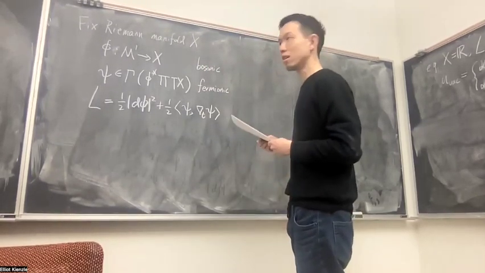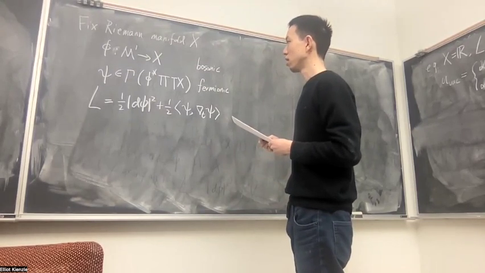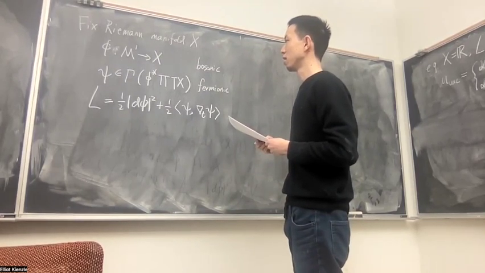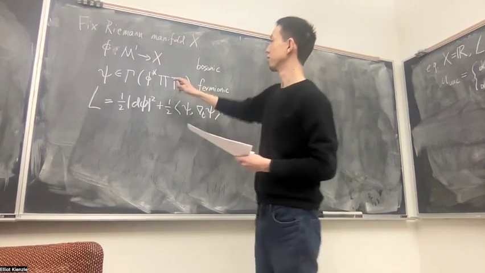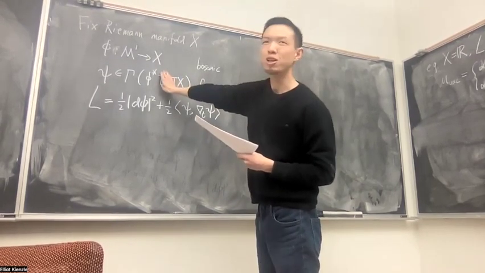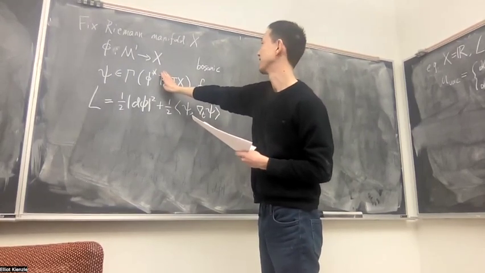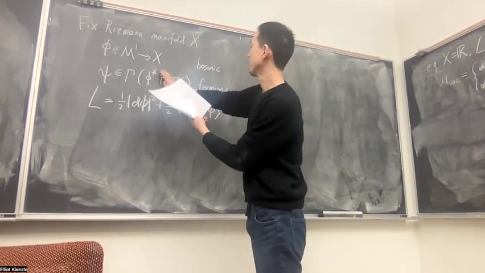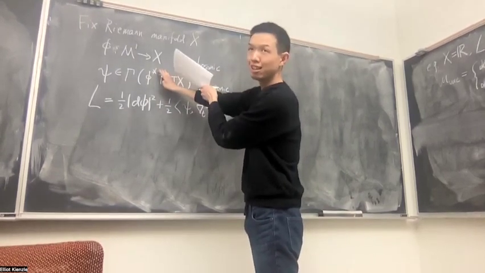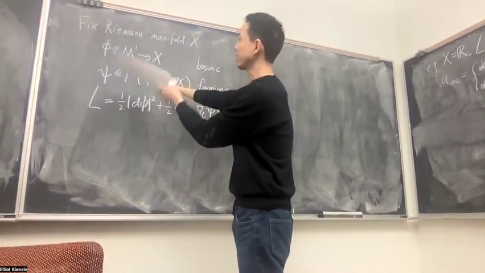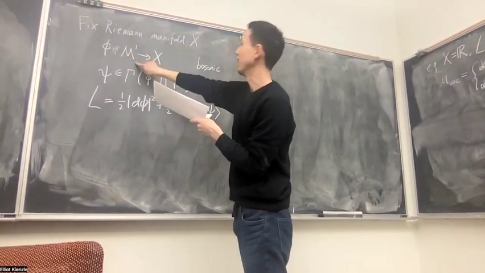Can you explain what psi pullback is? What kind of object is it? I don't understand that. Yeah, so you can first forget about the parity reversal. It's the tangent bundle on X, and you pull it back to your spacetime, which is just M1.